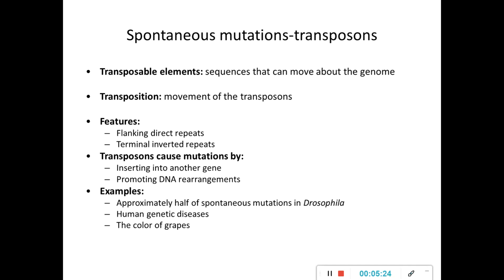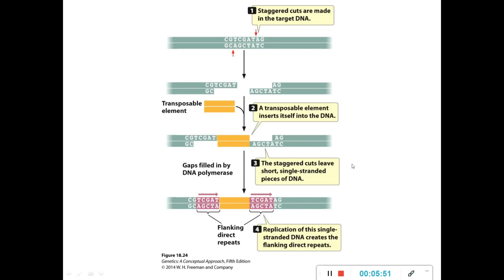Transposons cause mutations by either inserting into another gene or promoting various DNA rearrangements. It has been found that transposons are responsible for approximately half of the spontaneous mutations in Drosophila, and they can contribute to various human genetic diseases, and the color of grapes is also influenced by transposon activity. So let's go into a brief detail of this.